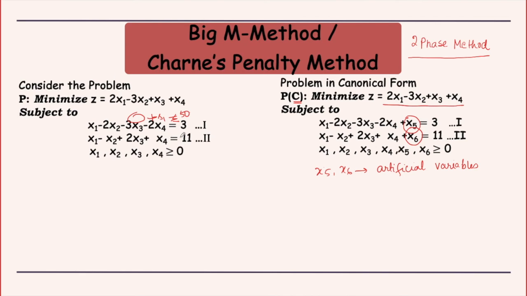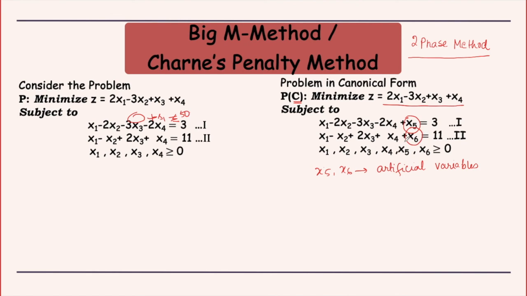Similarly, surplus also has a significance. It tells you how much is extra on the left side so that you get it equal to the right hand side. But artificials have no such significance. They are only added to the system to create the identity matrix, and so we want them to be out of the system as soon as possible.